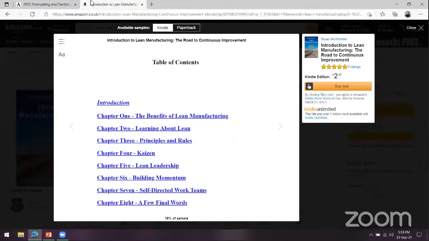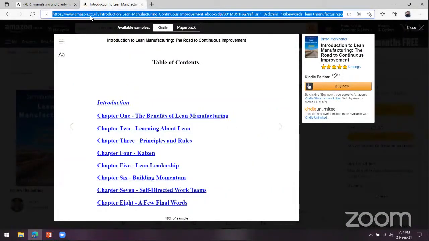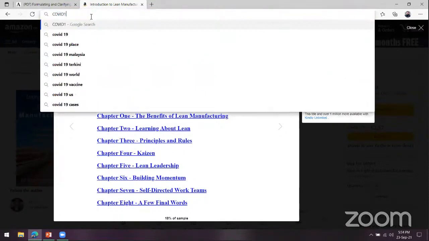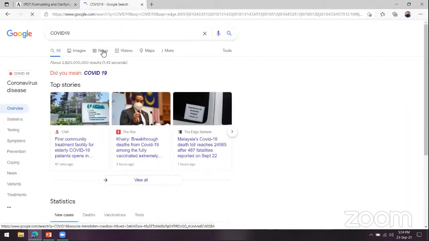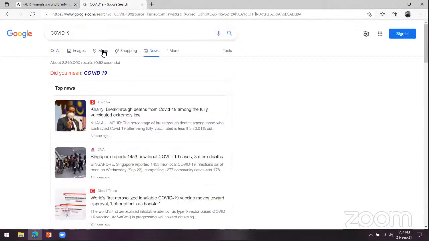For example, today, when we are watching the news, we always ask ourselves, hey, what is the COVID number, for example? I would like to know about the COVID situation, maybe from a Malaysian perspective, for example.